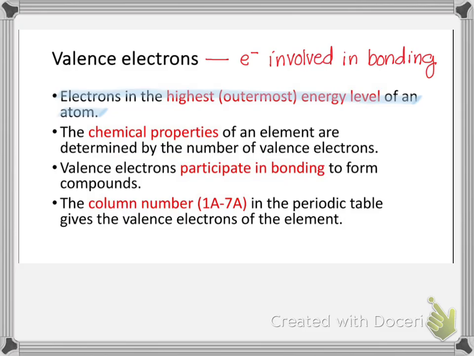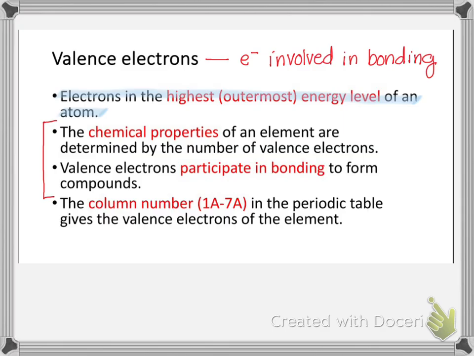I think of them like here it says outermost or the outside. These would be the electrons on the outside of the atom. And so it makes sense that they would be involved in bonding because the outermost electrons from 2 atoms are the ones that are going to interact with each other. So valence electrons are the outermost, and the important part of them is that they are involved in bonding. And so you can see that is what this second and third bullet point say.